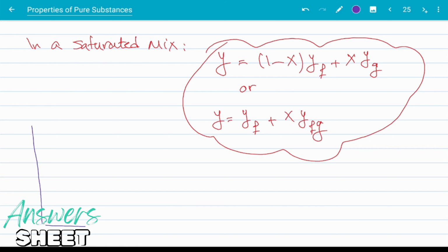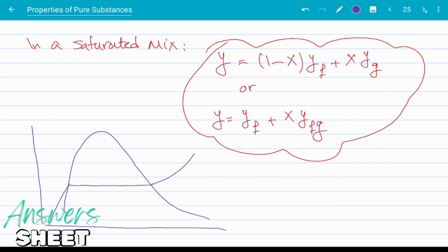So what does this x show? If this is our T-v diagram and this is our constant pressure line, the x shows where on this line we are.